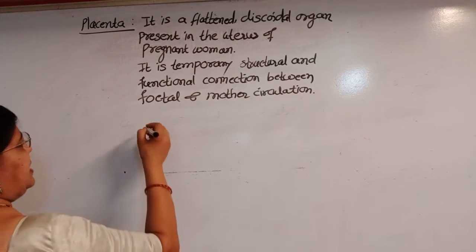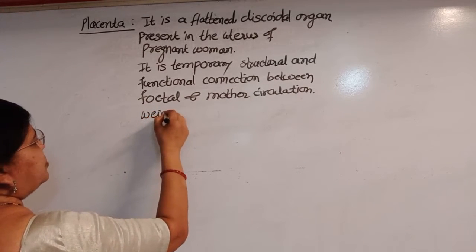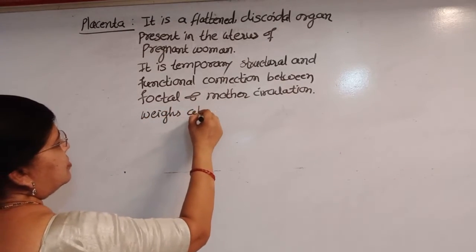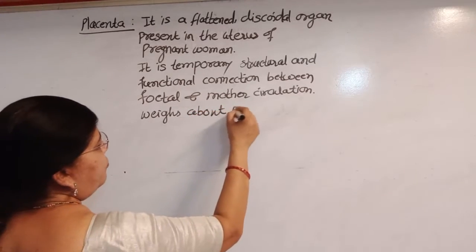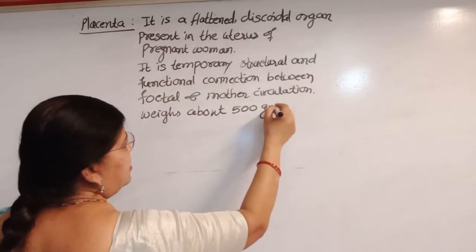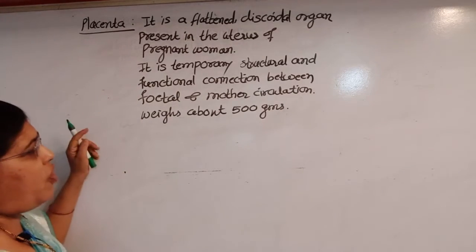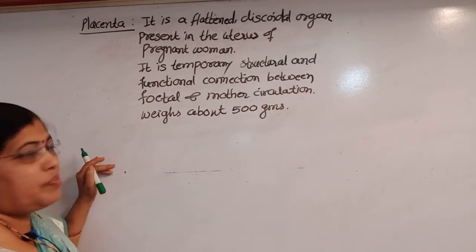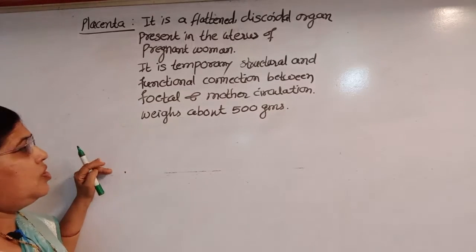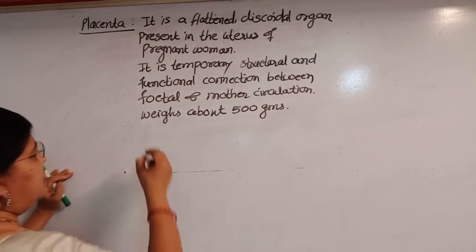Fully formed placenta weighs about 500 grams. So, formation of placenta begins from blastocyst.